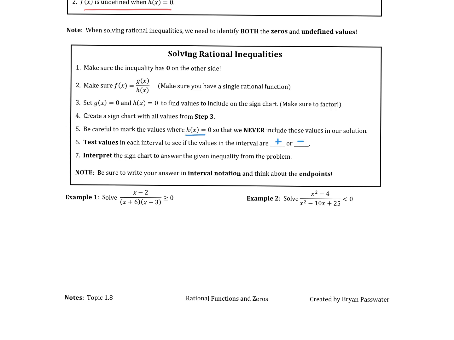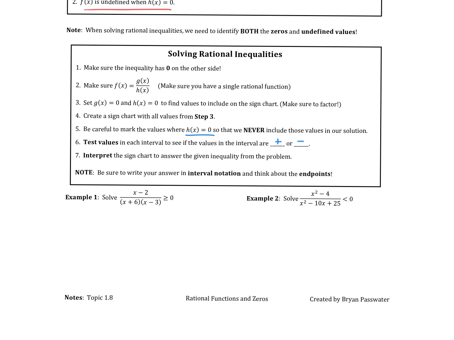Why can't we have h of x equals 0? It's undefined. We can't divide by 0. Exactly. Interpret the sign chart to answer the given inequality. Be sure to write your answer in interval notation. Great job. Let's look at our example.